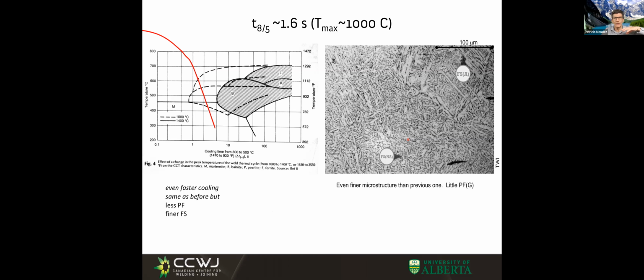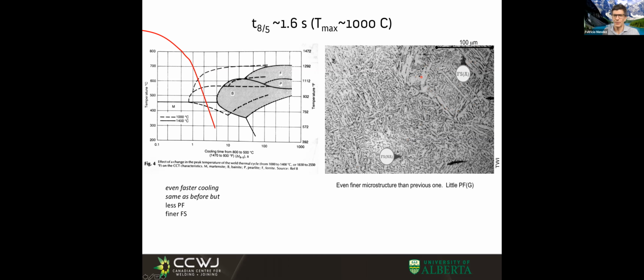With faster cooling, we end up with finer microstructures. And we see this combination of ferrite and phases aligned. In this case, you can trace some amount of primary ferrite. This is primary ferrite. And I know because look at how big and elongated they are, and they have the shape of a grain boundary.